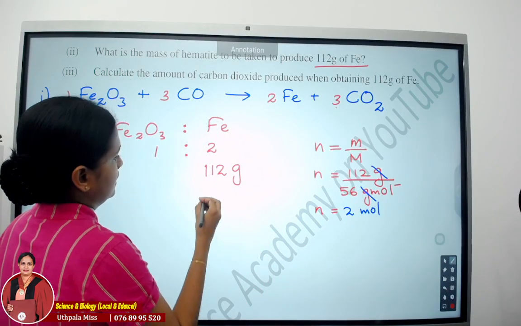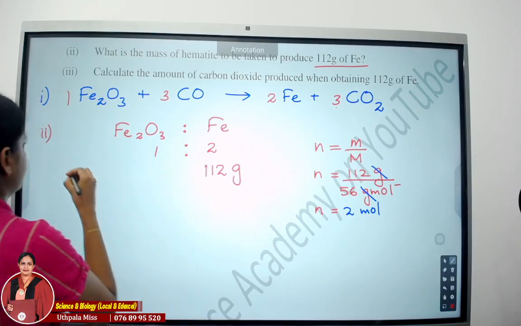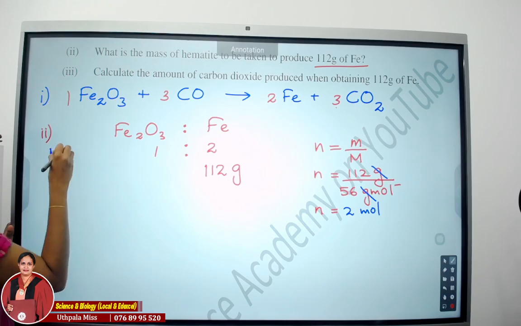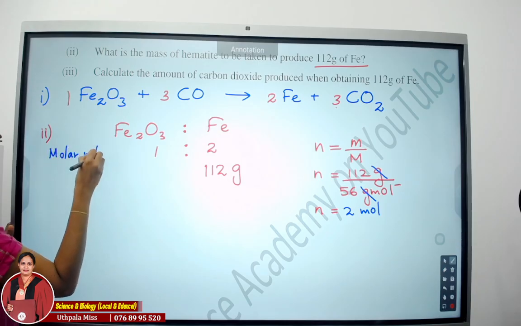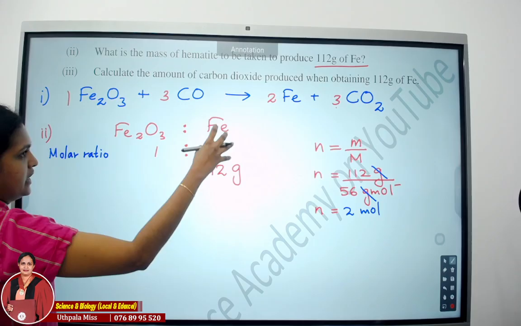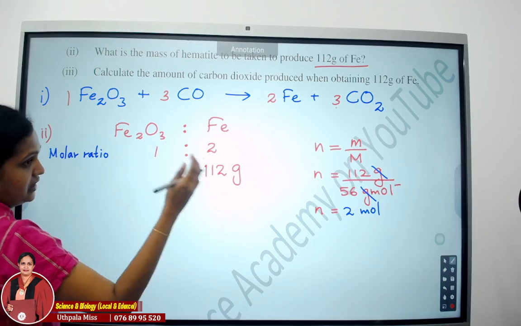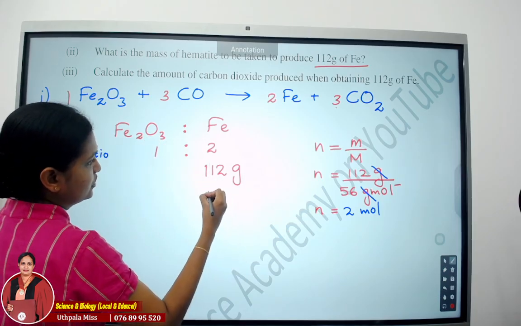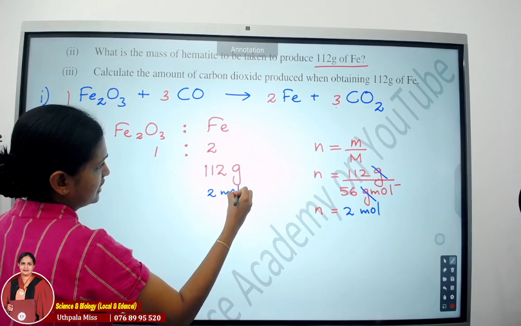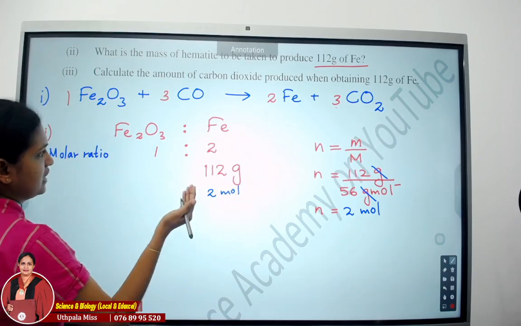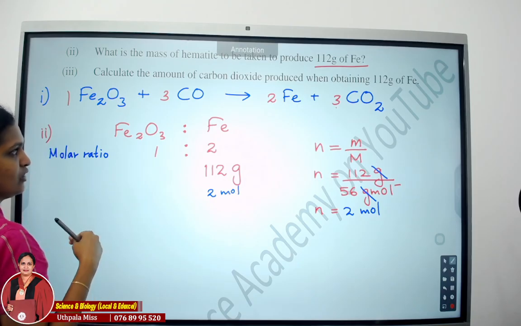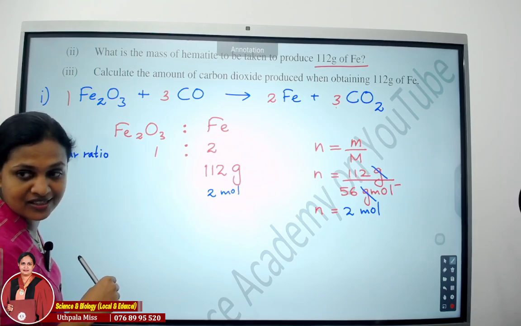So now this is the molar ratio. We write here the molar ratio: to obtain 2 moles of iron, we need 1 mole of hematite. So what we need to make is 2 moles, because 112 grams is 2 moles. Then how many moles of Fe2O3 should react?